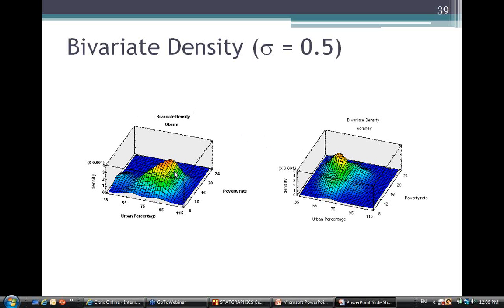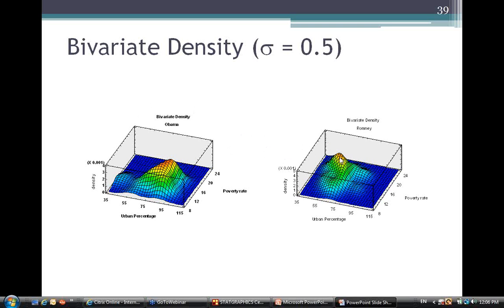In the case of Obama, what it's done is it's basically taken all 50 states and looked at where they are located with respect to urban percentage and poverty rate, and evaluated at every point over the grid how many Obama states there were in a particular region and how many Romney states there were.